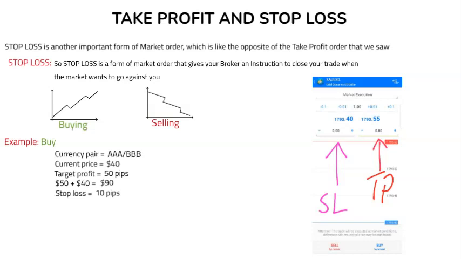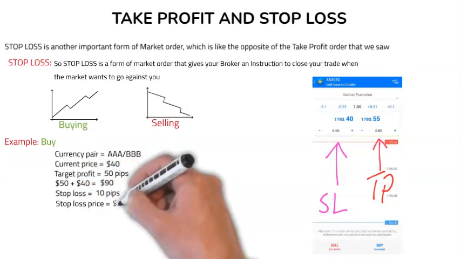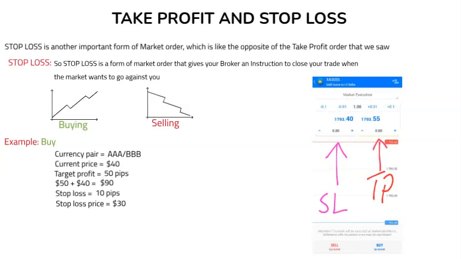Now you give your broker a stop loss order of 10 pips. Remember, the initial price was $40, so for a stop loss of 10 pips, you should set it at $30. So anytime the price reverses and starts falling without your knowledge, even if it gets to $30, your trade will close for you, preventing further losses even if you are not online.